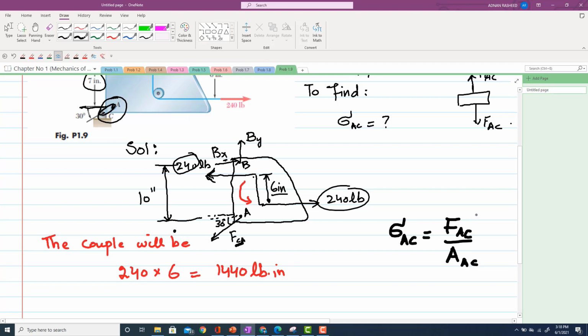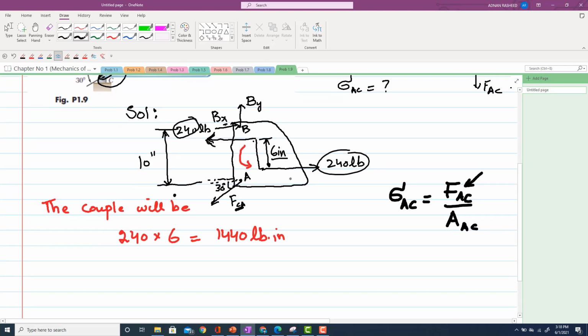So we have to find this force FAC first. For that, in this free body diagram, we will take the sum of all the moments about point B equal to 0, because we are interested in finding the value of A. So the first step is finding the moment about this point B, which must be equal to 0.